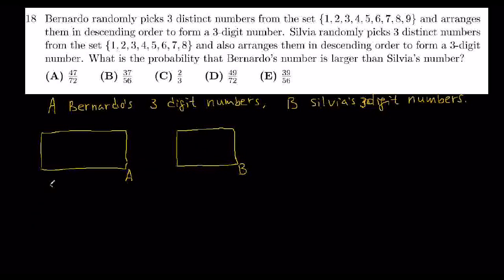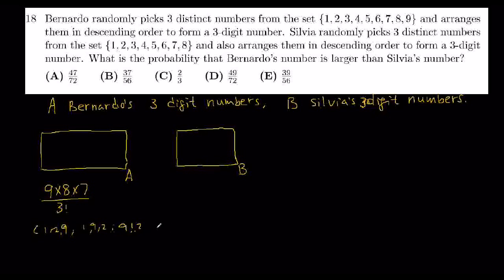A will have 9 times 8 times 7 divided by 6. Please note whether you pick up 9 to 1 or you pick up 1 to 9, all of those end up with the same number, 9 to 1. That is, you pick 1 to 9, or 1 9 2, or 9 1 2, right?